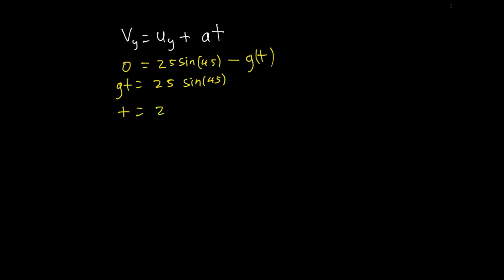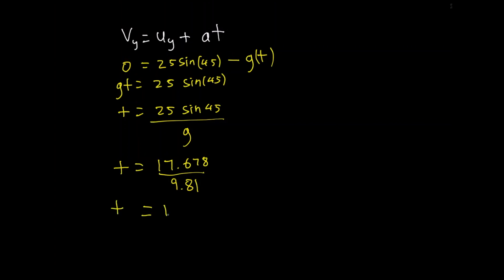Therefore t is equal to 25 sine 45 over g, and t should be 17.678 over 9.81, and this should be approximately 1.81 seconds. And that's all there is to it.